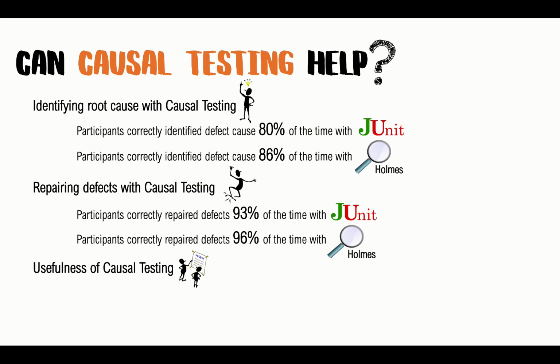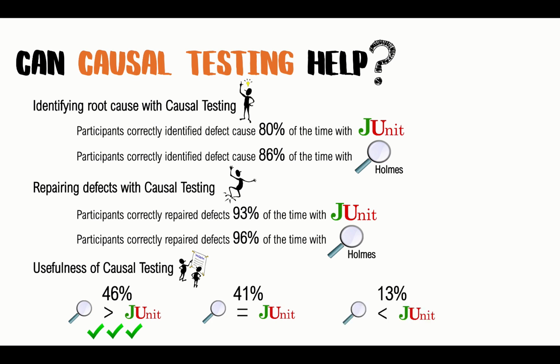Now, being most Java programmers use JUnit, our goal with causal testing is not to make JUnit obsolete, but to complement JUnit and provide different useful information. And we do, which is fantastic. This is further supported by our usefulness findings, which show that majority of participants either found Holmes more useful than JUnit, citing the similar passing test as the most helpful, or equally as useful as JUnit.